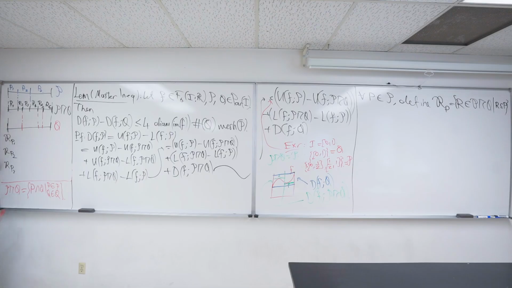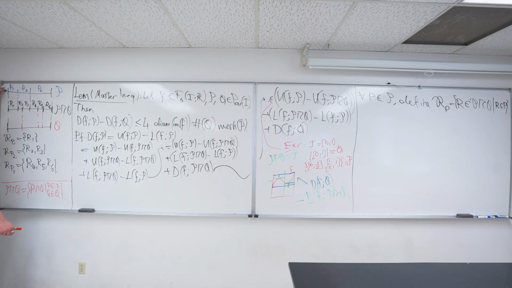Well, this is only R1. How about P2? Which pixels in the coarsest common refinement are completely within P2? Well, R2 and R3. And likewise, what is R sub P3? It's these three. Make sense?